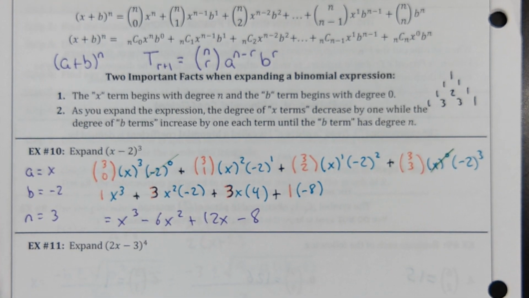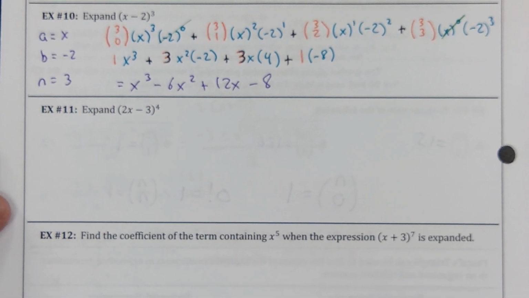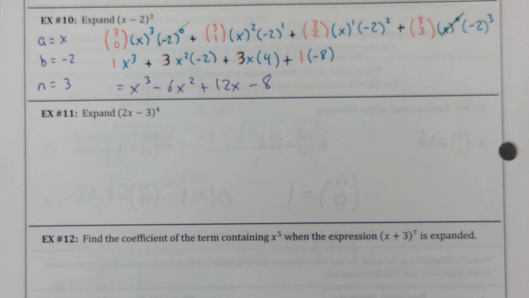Cooper? You mean, does it only work for binomials? Yeah. What a great question. I'm going to let you Google that. By all means, look up, not now, but look up trinomial expansion patterns. See if you can see any.